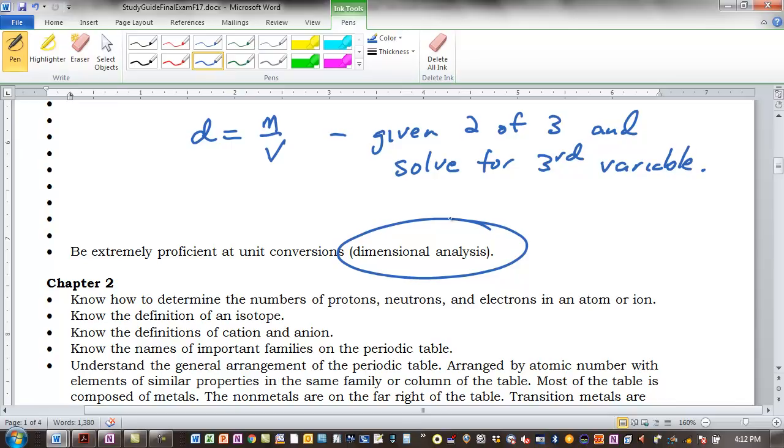But you'll see this concept of unit conversions for stoichiometry and other problems. So I think we'll save dimensional analysis for when we convert from moles to atoms or use stoichiometry, rather than doing those here. So there's not much in chapter 1. It's the metric system, sig figs, density, dimensional analysis. There were a lot of dimensional analysis problems there, but that's essentially going to be used later in the final.